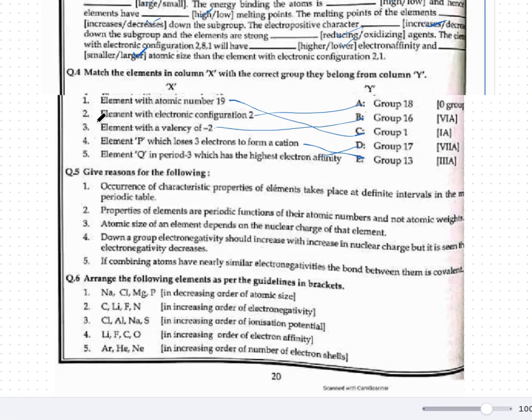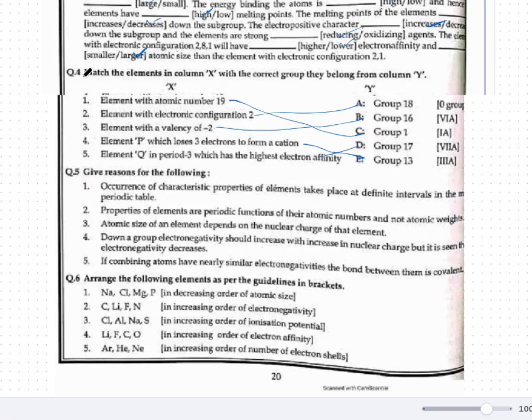As similar valence shells and similar electronic configurations happen, as the intervals repeat with increasing atomic number, we don't get the same electronic configuration, but we do get similar electronic configuration, and that is why the characteristic properties of elements start repeating.